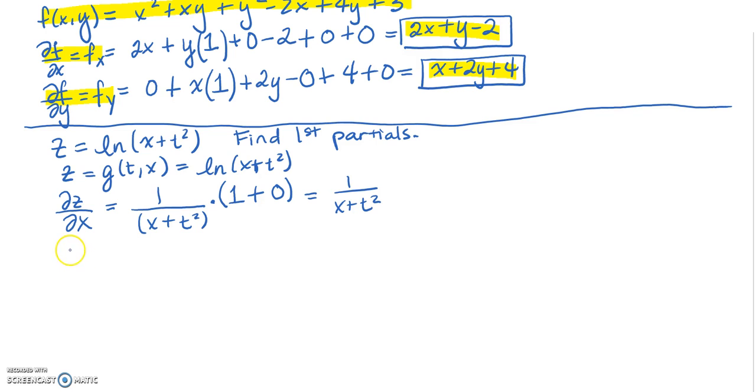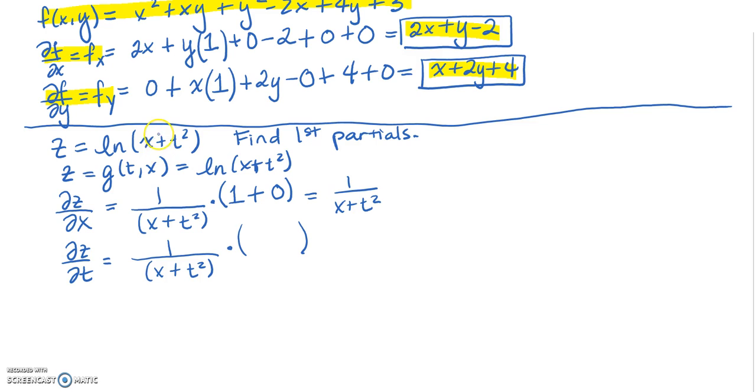I can do the partial derivative with respect to t, and because it's still the logarithm function and the t is embedded in that argument, I'm still going to have this 1 over the quantity x plus t squared. But when I go to take the partial derivative of the argument, this is where things are a little different. This time, my variable of interest, the one I'm allowing to change, is the t variable.